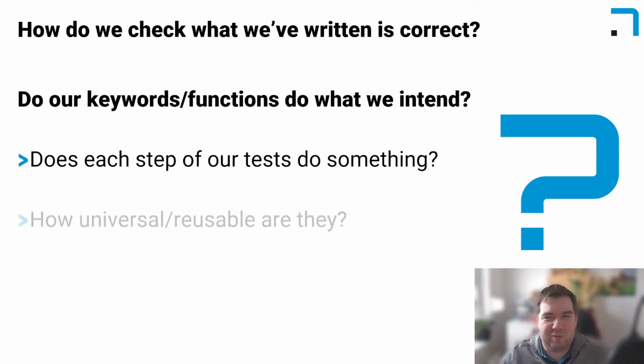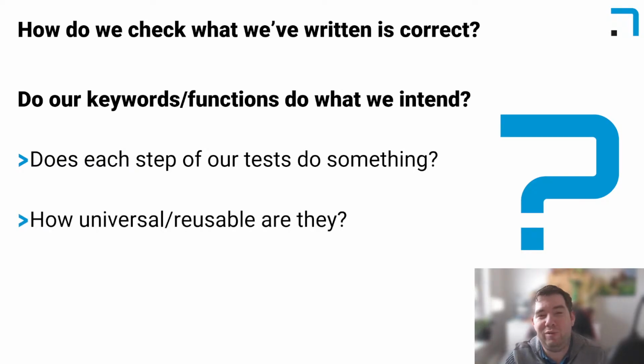But if it is doing something, then let's have a look and think about how universal or reusable our keywords and functions actually are. Can we reuse them in multiple situations?